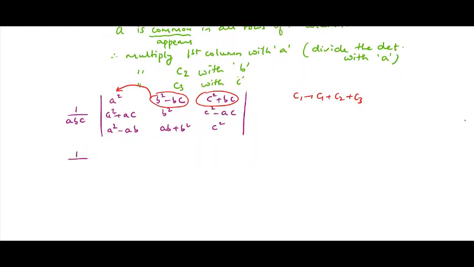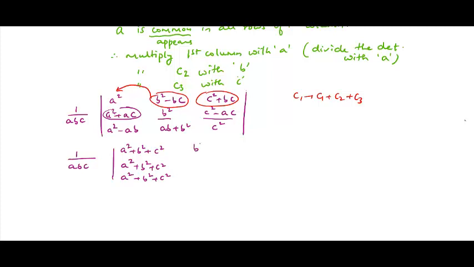So I get 1 upon ABC, and then I use the transformations to obtain A square plus B square plus C square in each entry of the first column. Now we are adding these two in this position, and then we again get A square plus B square plus C square.